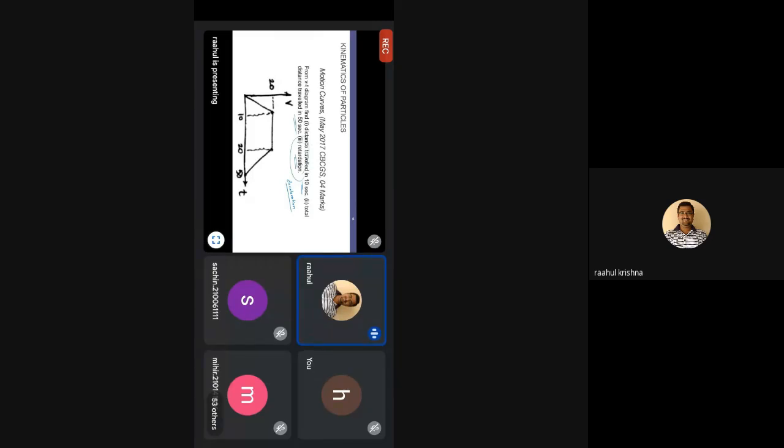Then what about between time 20 seconds and 50 seconds, the third region? In my third region, my velocity is uniformly decreasing, right? What is the nature of my curve? It is a straight line with negative slope. So what case is that?